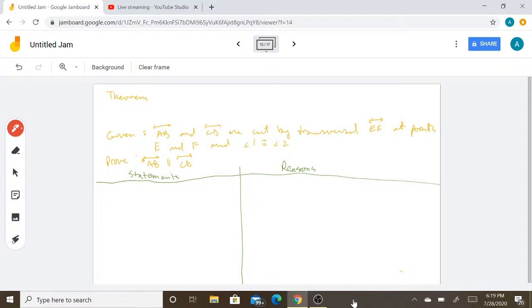One theorem having to do with transversals is that if two coplanar lines are cut by a transversal so that the alternate interior angles are congruent, then the two lines are parallel.